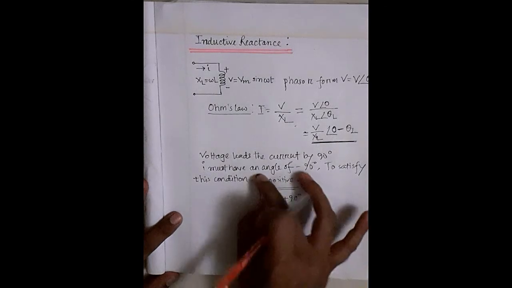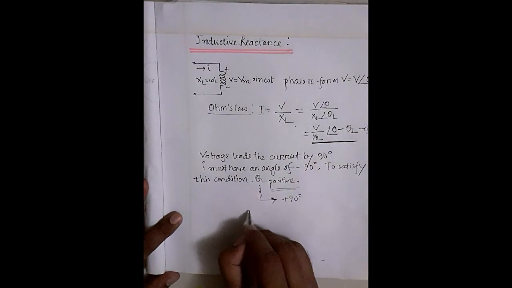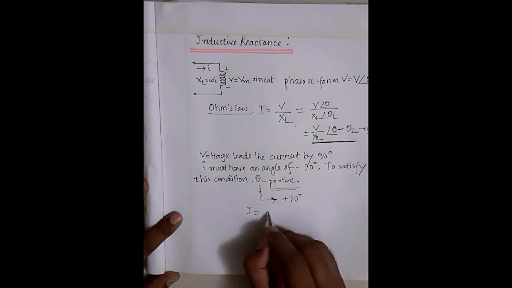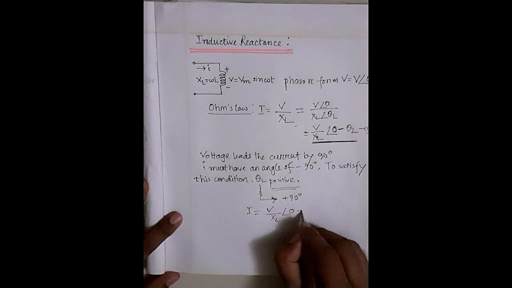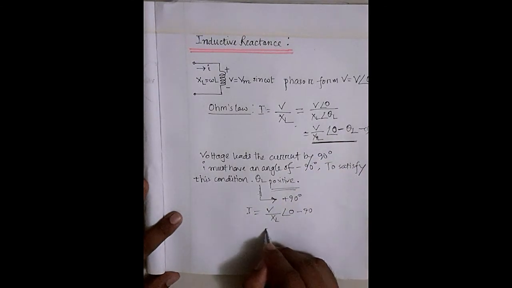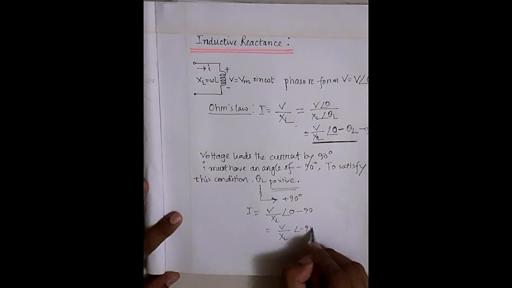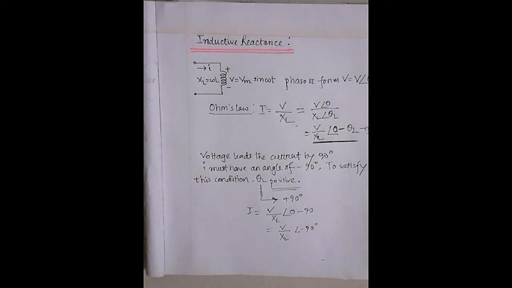So now if we replace theta of L, and let's say this is our equation 1, we are left with a value of I equals V over XL, 0 minus theta of L, where theta of L is plus 90 degrees. So it gives us a value of V over X of L at minus 90 degrees. So this is what we get, the value of current. Okay. So this thing you need to remember.